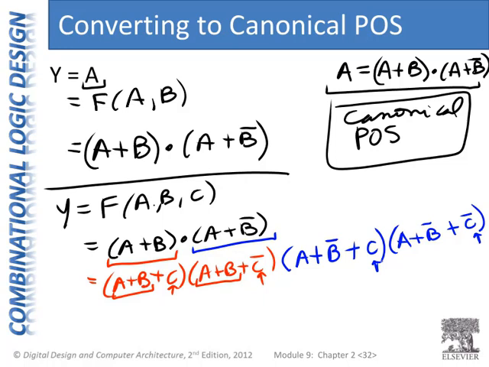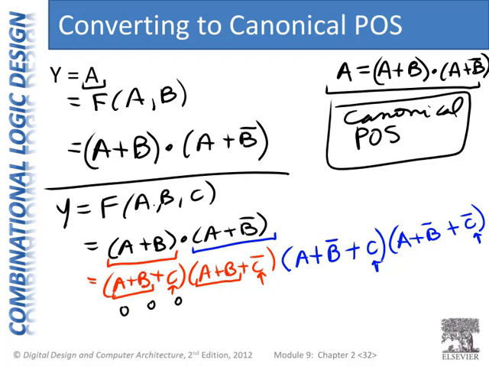Well, let's see, this is the 0, 0, 0 max term. Remember that for max terms, the sum term is false for that row. So if I have the true form of a variable, it's the 0 value of that variable. It corresponds to the row where A is 0, B is 0, and C is 0 in this case, because we have true forms of each of those variables.